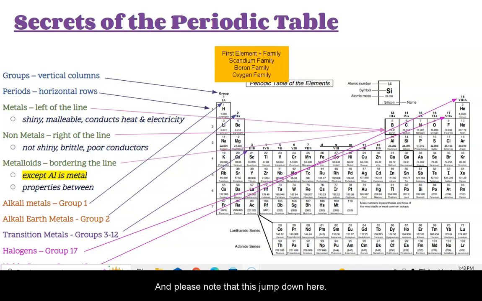And please note that this jump down here, 57 and 89, to the elements down below, starting with cerium and thorium, they are actually part of the metals, and they're named as a series, not a family. The top is the lanthanide series because it follows the element lanthanum, and the second is the actinide series because it follows the element actinium.